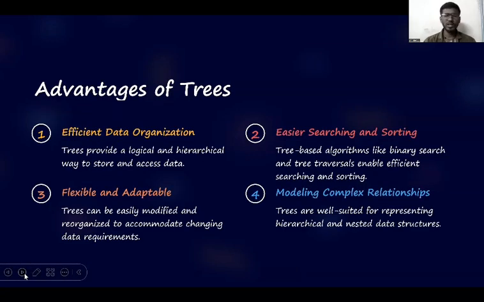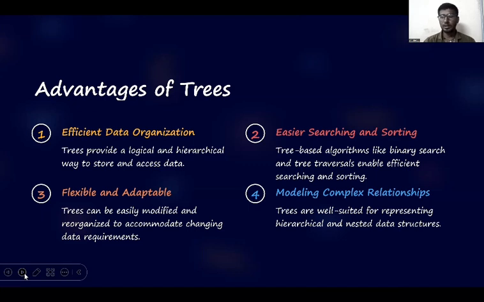Every concept and every data type has some advantages. There are many advantages of trees. The first one is efficient data organization. Taking data as an example, we can arrange the data in the form of trees.